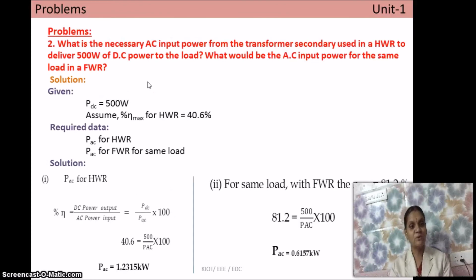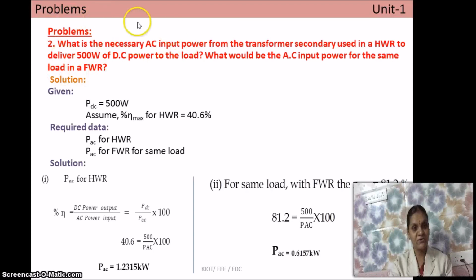And the second problem is: what is the necessary AC input power from the transformer secondary used in a half wave rectifier to deliver 500 watts of DC power to the load? So DC power PDC equals 500 watts. Any other data? No. What would be the AC power input for the same load in a full wave rectifier?